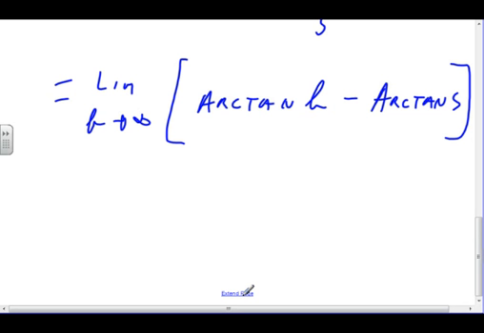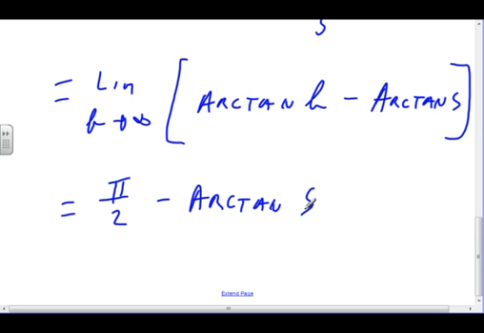Alright, so what happens to arc tangent as b goes to infinity? Is that pi over 2? It is, yeah, pi over 2. I'm pretty sure it's pi over 2. So this is going to be pi over 2 minus the arc tangent of s.